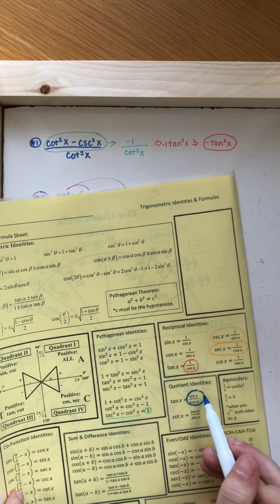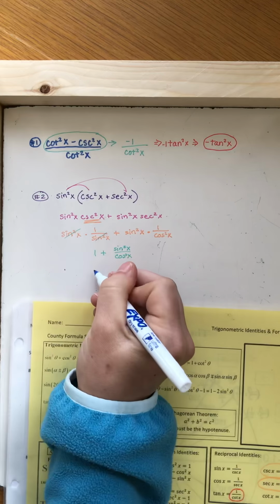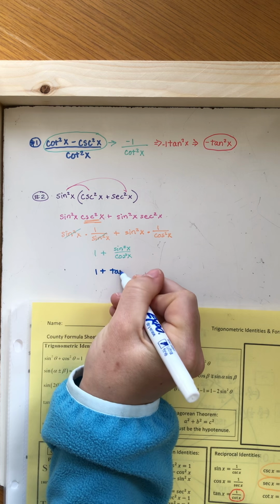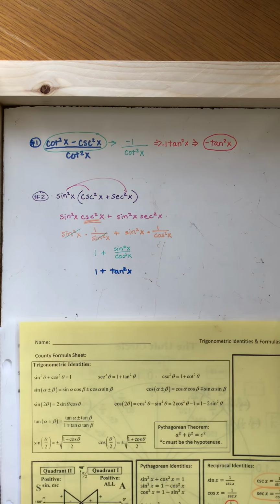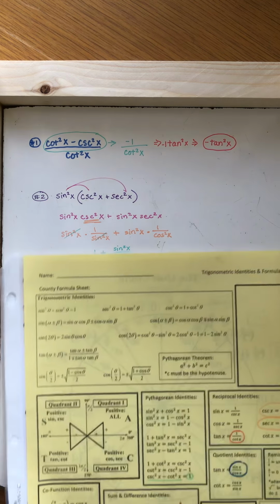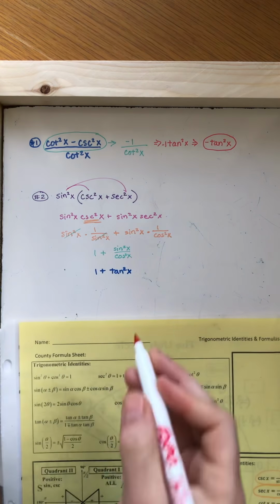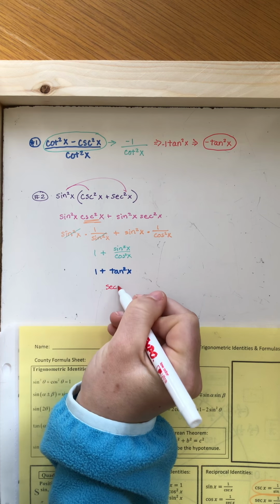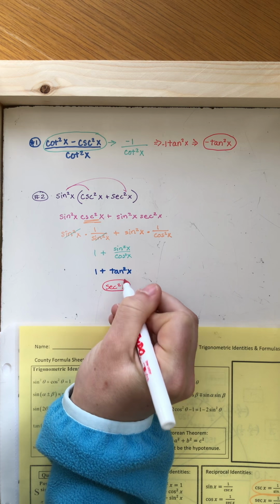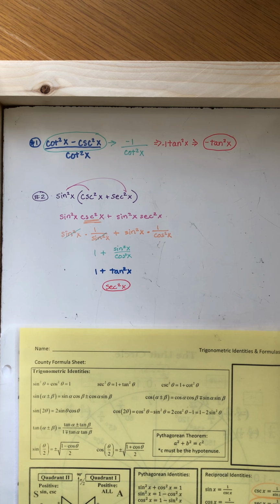Sine over cosine is tangent, so sine squared over cosine squared would be tangent squared. 1 plus tangent squared is a Pythagorean identity. It equals secant squared. So that's your answer for number 2.